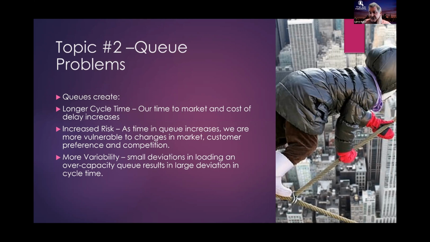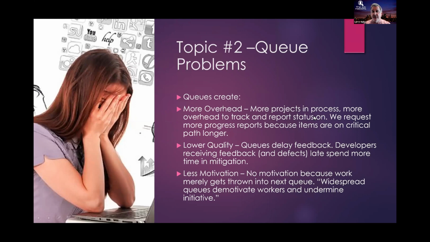The other thing is that you have variability. When you have a queue that's over capacity, you can get a shift to longer cycle times. If your queues are really over capacity, you get some really strange effects. You've got more overhead.